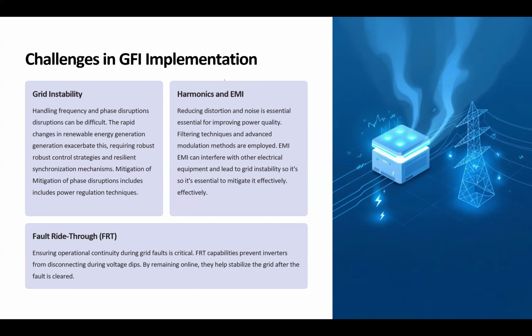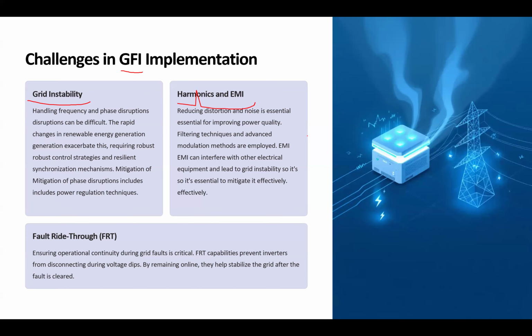Harmonics and basically voltage deviations, or electromagnetic interference that would happen, are also one of the weak spots of the GFIs, because any distortion would create noise, which if we cannot filter out, that means misguiding our GFI, affecting the terminal, affecting the grid, and it's kind of like a negative sequence.